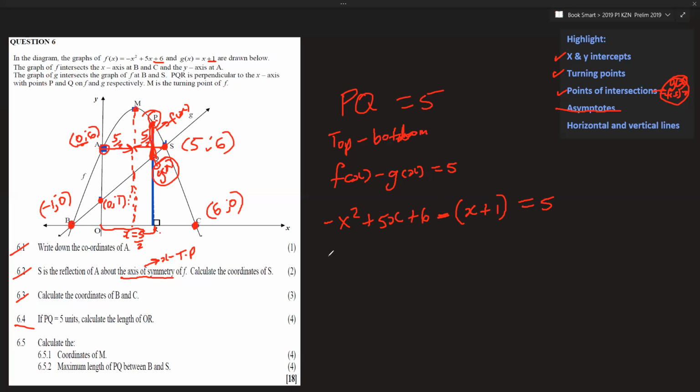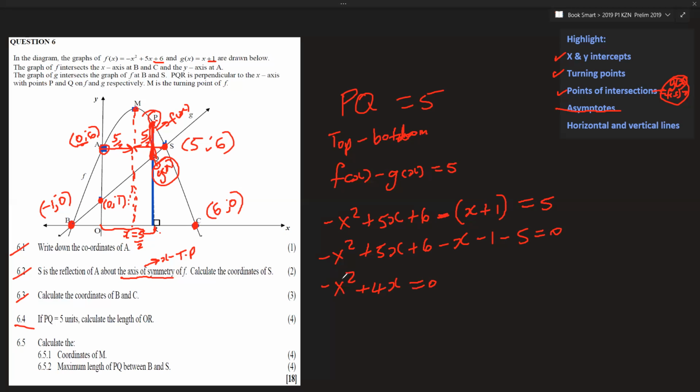Then I'm going to simplify now. Negative x squared plus 5x plus 6 minus x minus 1 minus 5 equals 0. Negative x squared. This 5x will combine with this one to give us a positive 4x, right? Then this one and those other ones, they are going to cancel. So we get this.